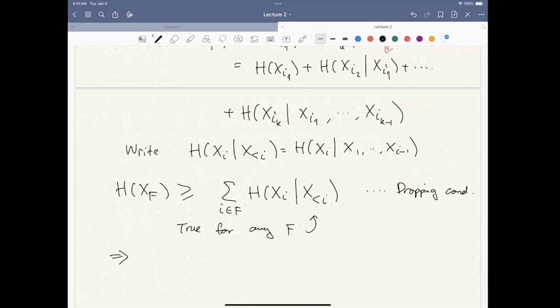So we have, you can now take the expectation. If it's always true, it's also true taking expectation. So we have the expected entropy of X_F is at least the expectation of this guy.